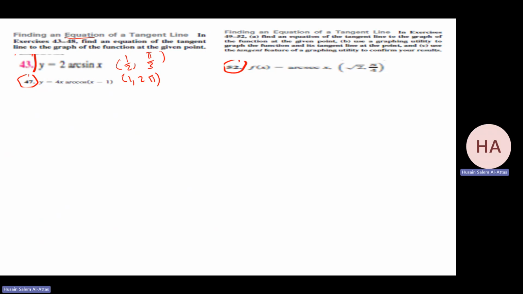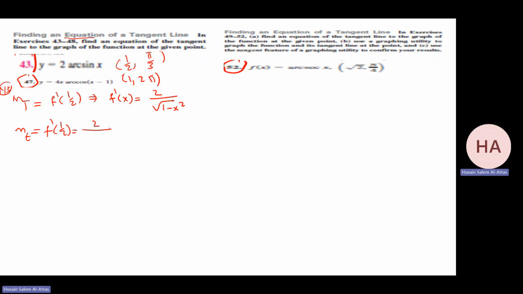In 43, I need to find the slope, m tangent, which will be f prime at half. So we'll find, call it f prime of x equal to 2 over square root 1 minus x squared. So m tangent will be f prime at half.